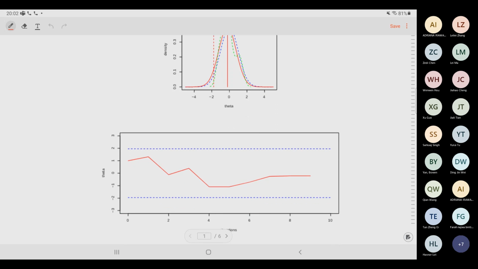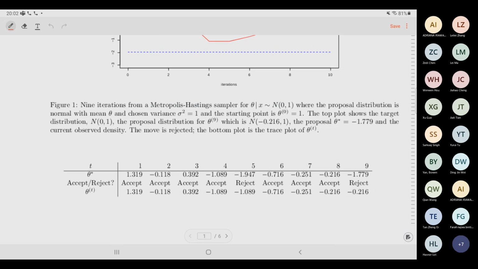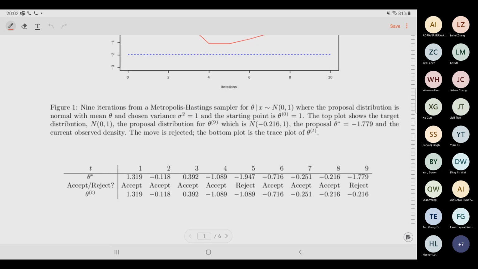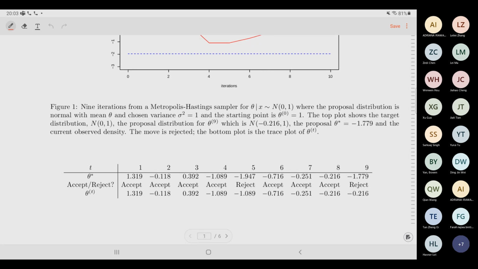So the proposal is normal with mean minus 0.2161, and then we have theta star as minus 1.79.